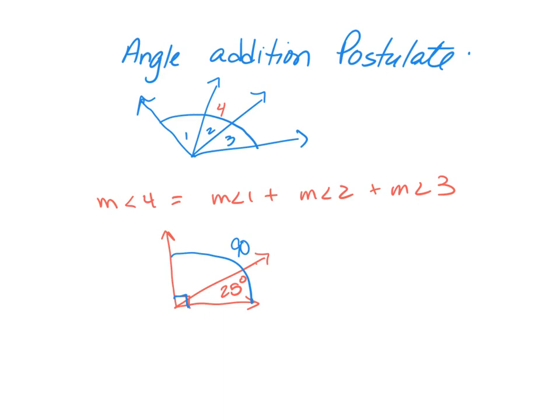How do you know, right? And it's hard to measure that. But you know that if the whole thing is 90, that equals, let's put an X here, X plus 25, the parts, right? So how would you find X? You would subtract 25 from both sides, and you would get, what is that, 65?